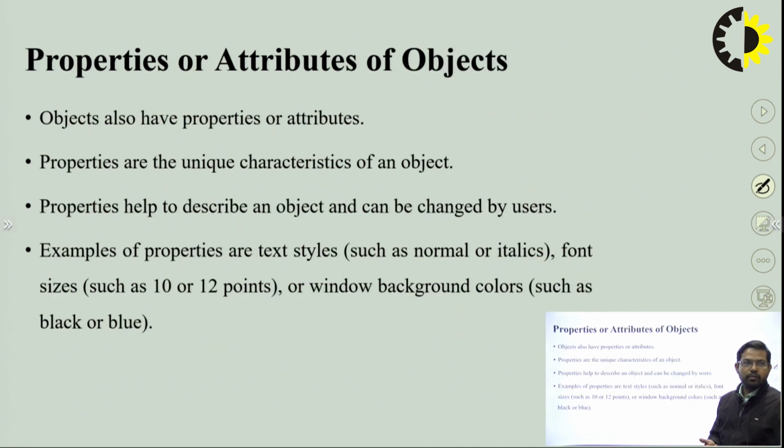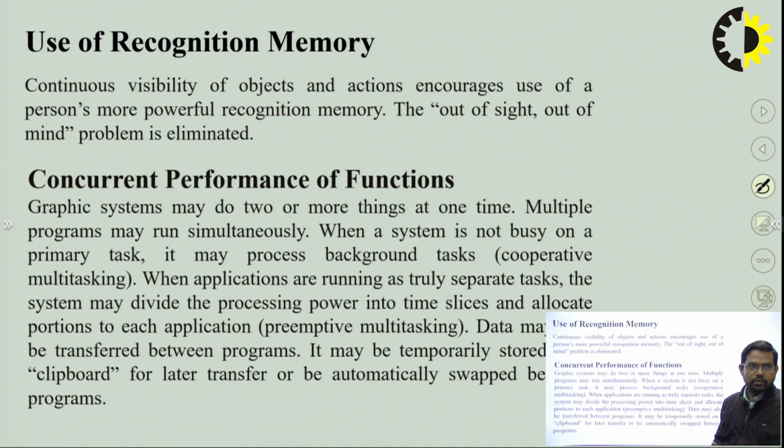Okay, so what are the attributes of an object? Objects have properties or attributes. Properties are the unique characteristics. Properties help to describe an object and can be changed by the users. Examples of properties of an object are the text style, the font, and the window background color. So different types of attributes can be changed in the object.